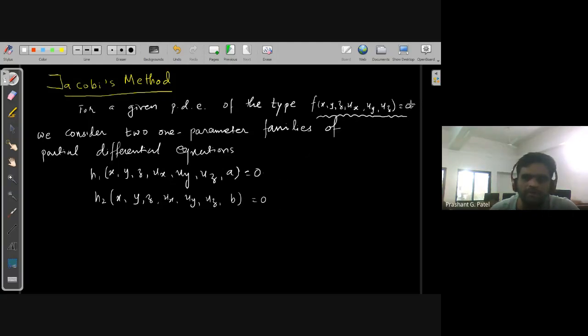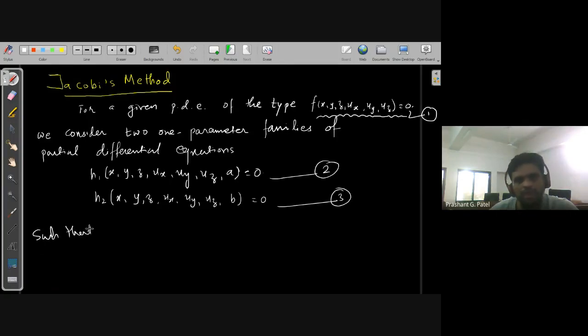Call these equations 1, 2, and 3, such that the Jacobian of f, h1, h2 with respect to ux, uy, uz is not equal to 0.